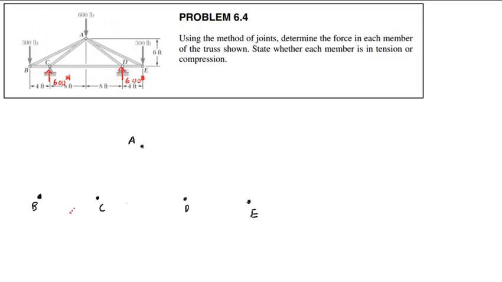And now I'm going to draw all of the forces on here. Now, as I do this, anytime a force is at a diagonal, I'm going to show the force triangle.